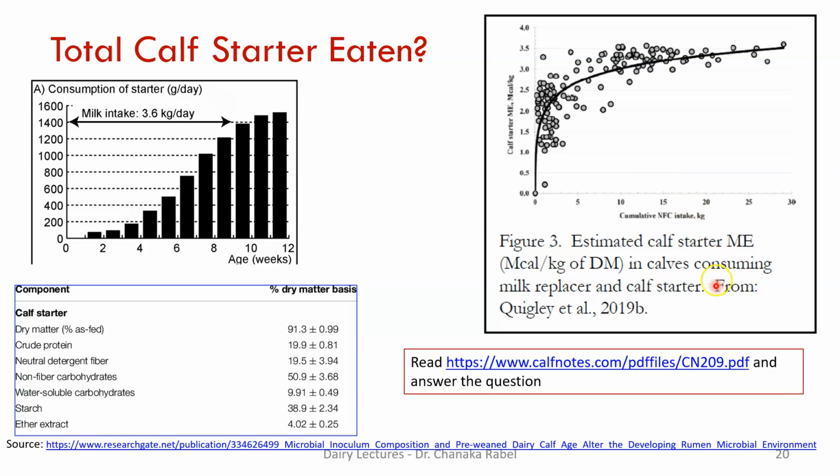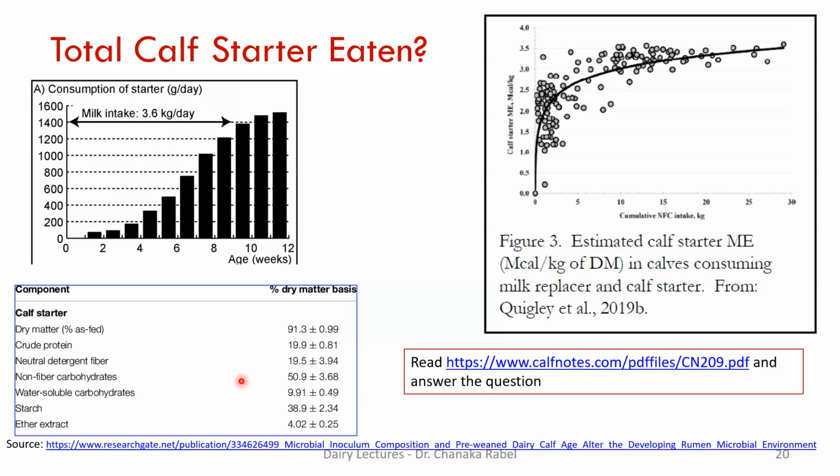You need to make sure that a calf eats n number of kilos of non-fiber carbohydrates. They've shown that if a calf eats this quantity of NFC, the calf will have a mature rumen. So read about that.